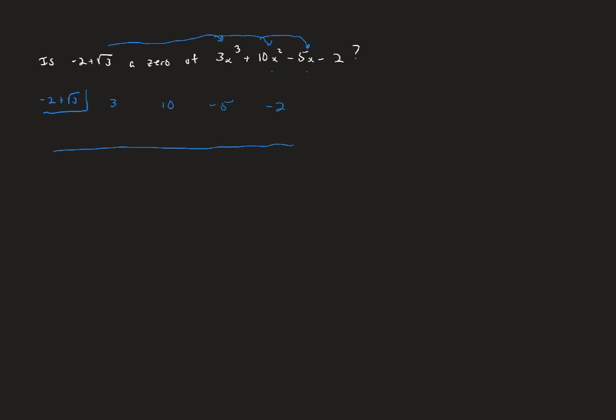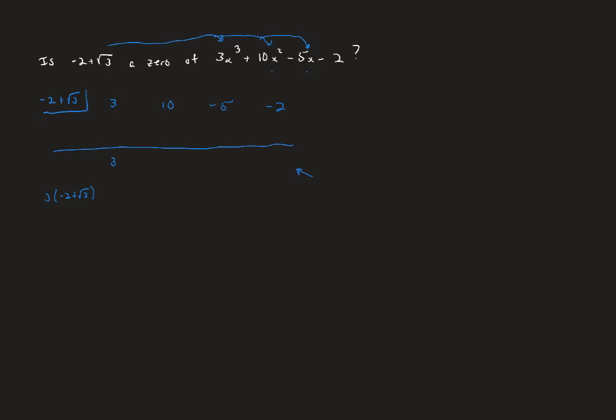So if we do it using synthetic substitution, the question we're going to look for is, what is this number there? If that turns out to be a 0, then we will answer this question yes. And if that's not 0, then we'll answer the question no. So it starts out easy enough. The 3 comes down, and now it starts to get ugly, but it's going to get a lot worse.